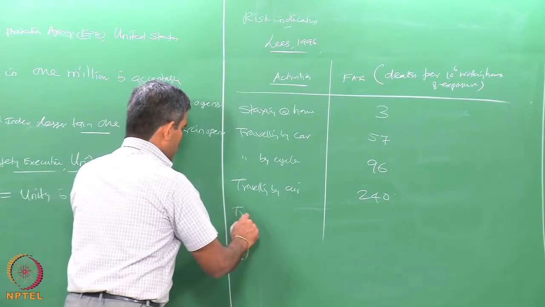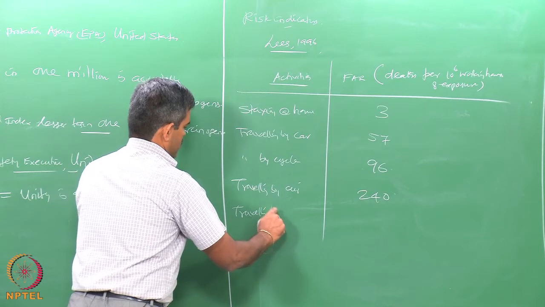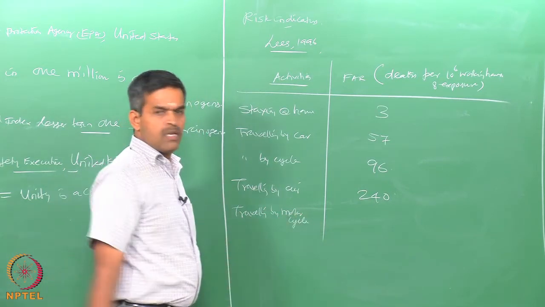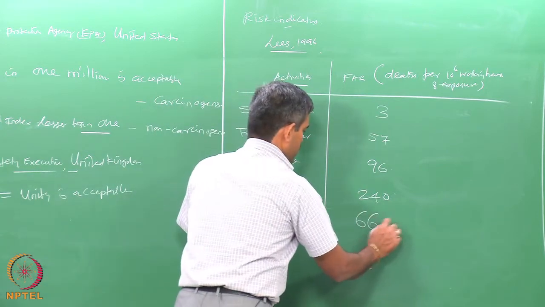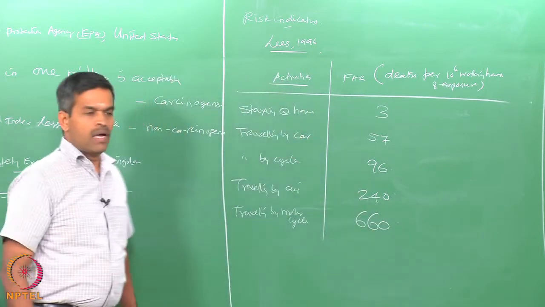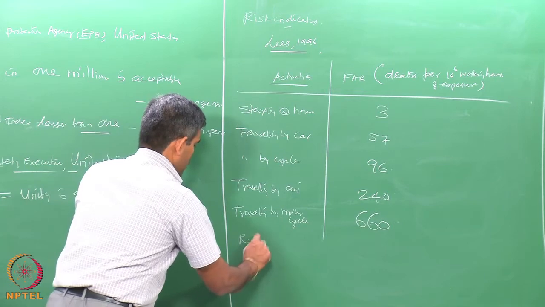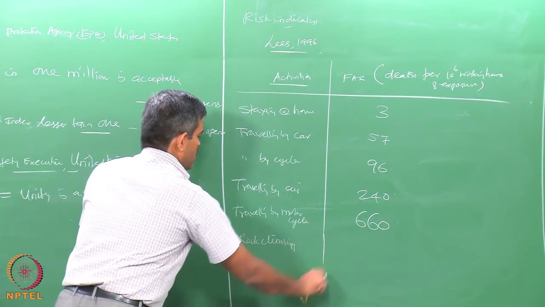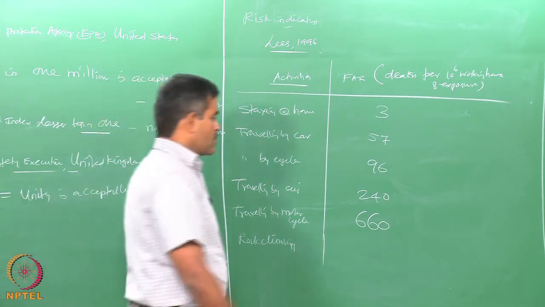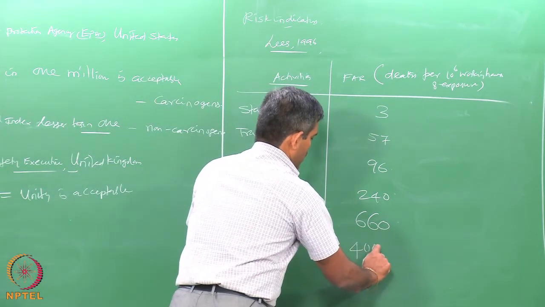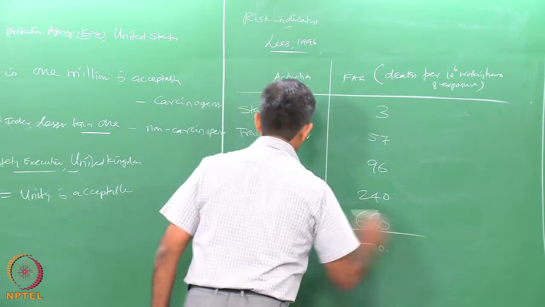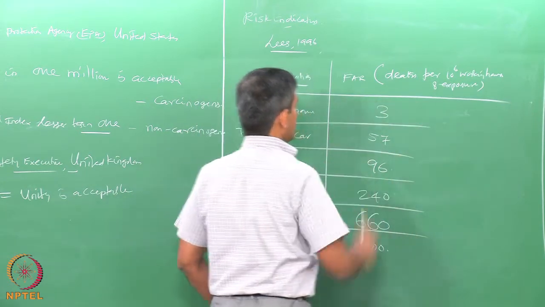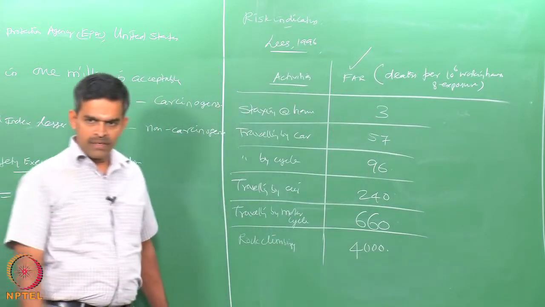Travelling by motorcycle, still higher, 660. And rock climbing, which is one of the mountaineering exercises which people do for physical fitness, has the highest FIR, which is 4000. All these are non-industrial activities, still they have a fatality accident rate.